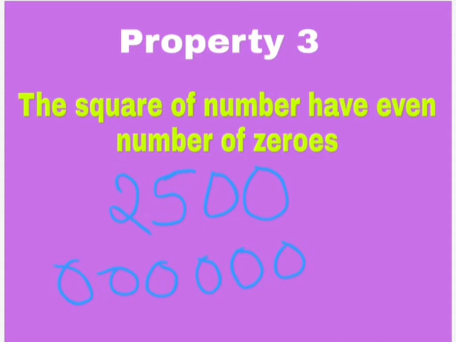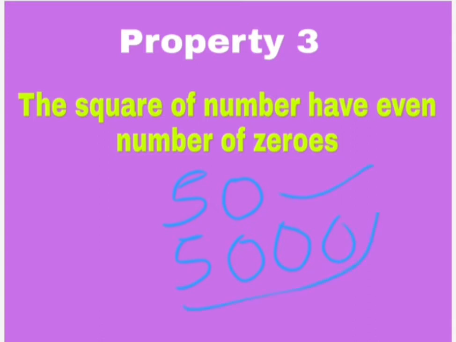If you get zeros in an even number pattern, then only that number will be a square number. If you are having only 1 zero, or 3 zeros, then that number cannot be considered a perfect square number. So that is the third property, the number of zeros property for your square number.